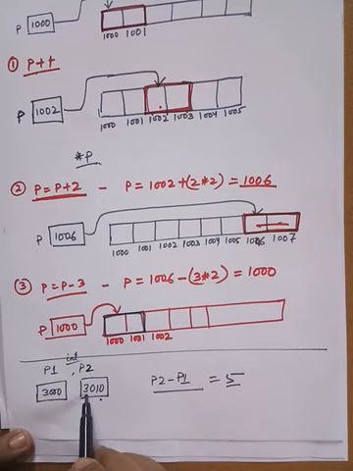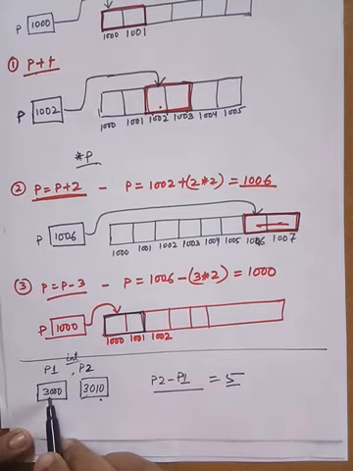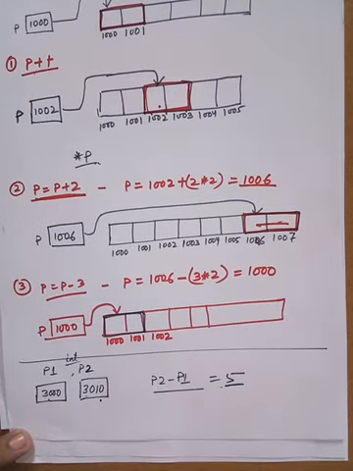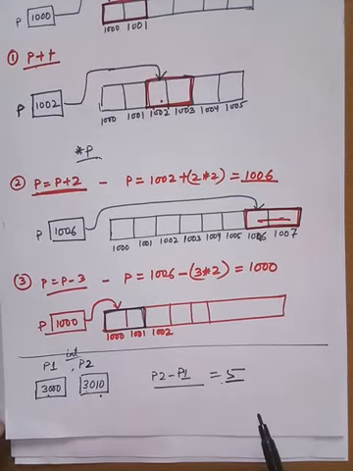When we subtract 3010 minus 3000, the value will be 10. Because the size of integer is 2, the output will be 5. 10 by 2 is equal to 5.